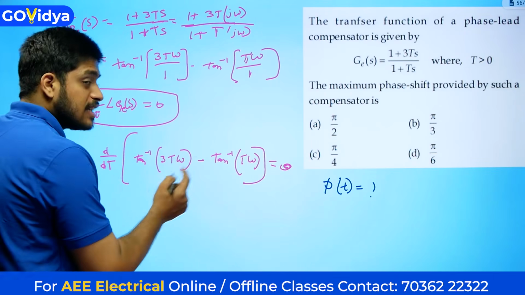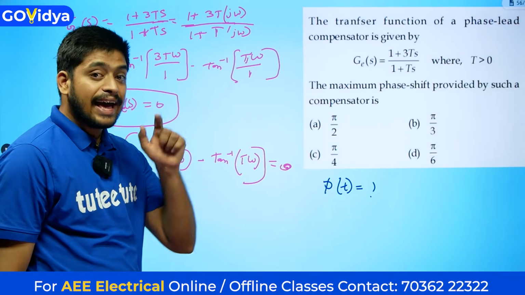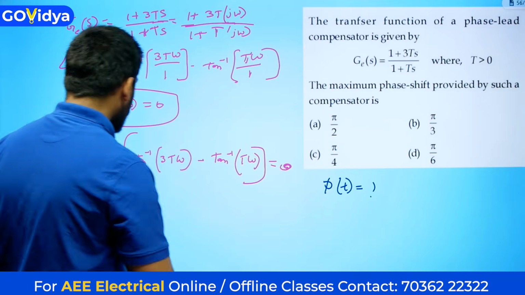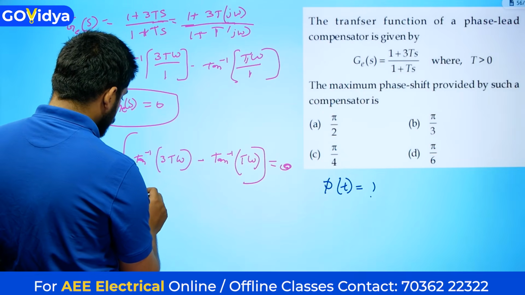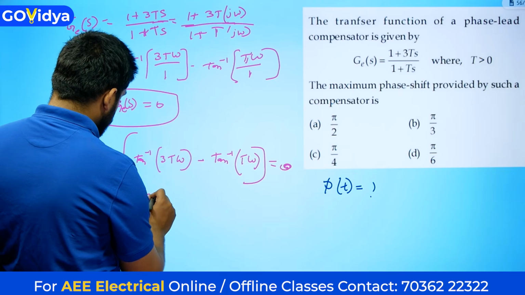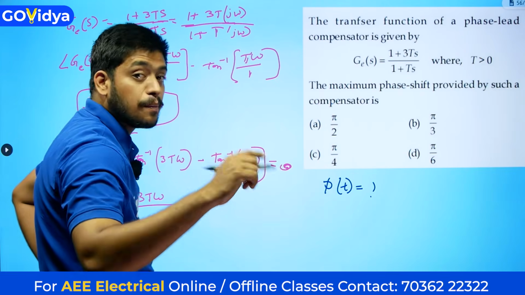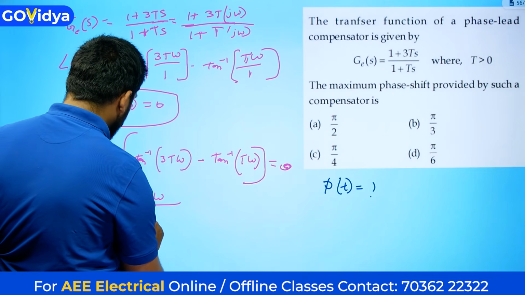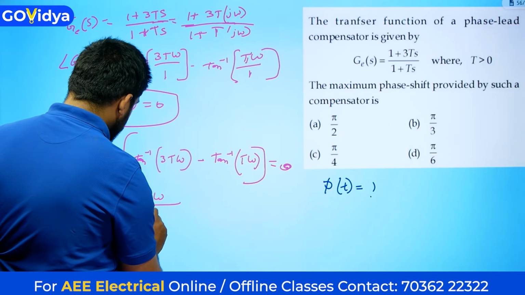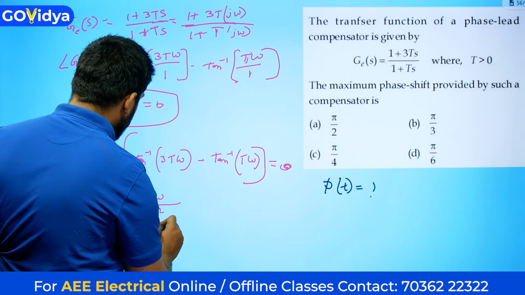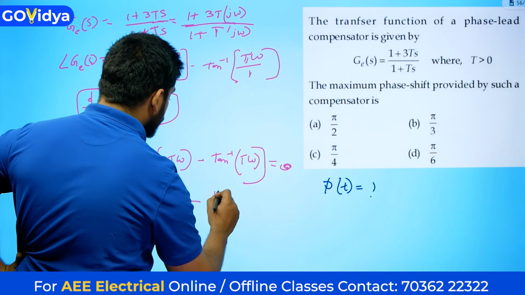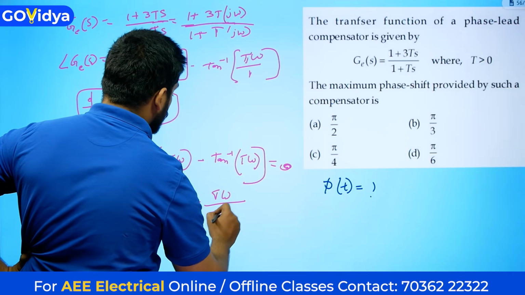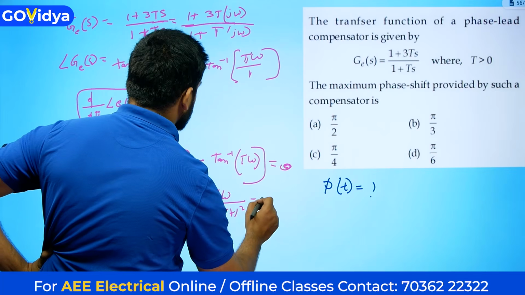Now we'll differentiate it. The differentiation of tan inverse A gives A by A square plus 1 square. So we get 3t omega by (3t omega) whole square plus 1 square, minus, again, tan inverse differentiation, t omega by (t omega) whole square plus 1 square, is equal to 0.